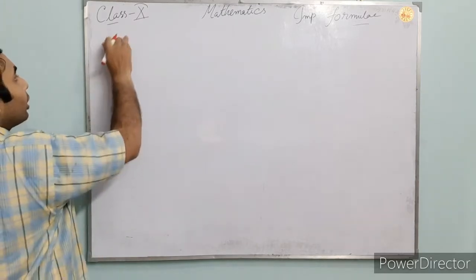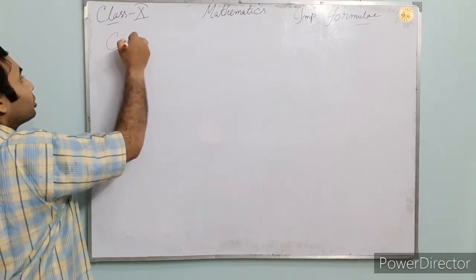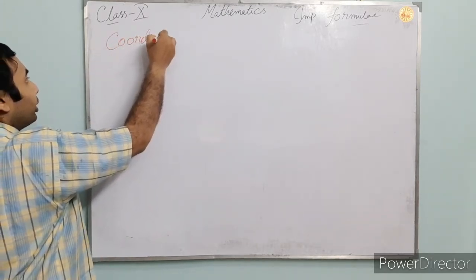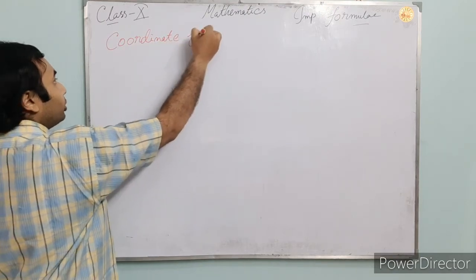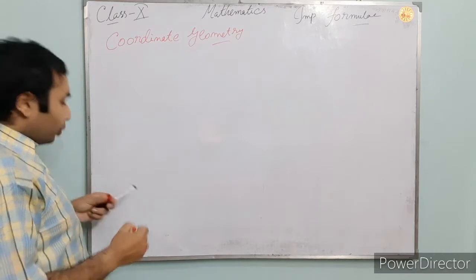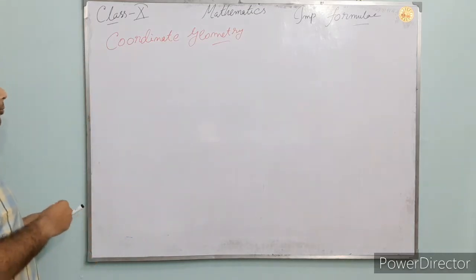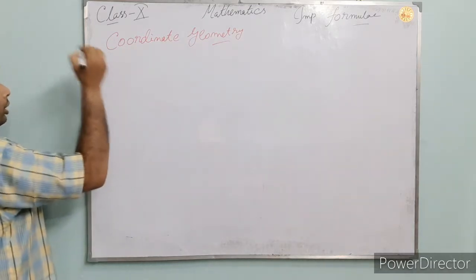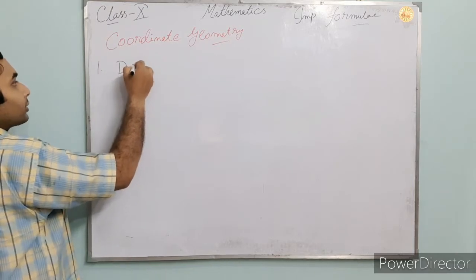Now students, the next chapter in your syllabus is coordinate geometry. For coordinate geometry, 4 main formulas are there. Number 1 is the distance formula.